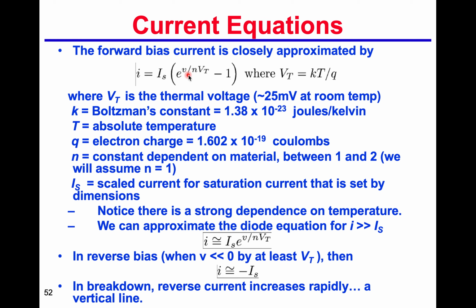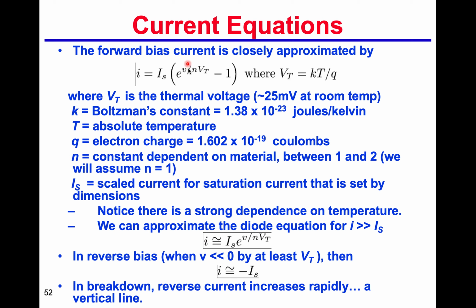Actually, the I and the V here in the forward bias, which means when the V is a positive value, it's an exponential increase for the current when we increase the voltage. So we can use an approximate expression here to describe the forward bias.